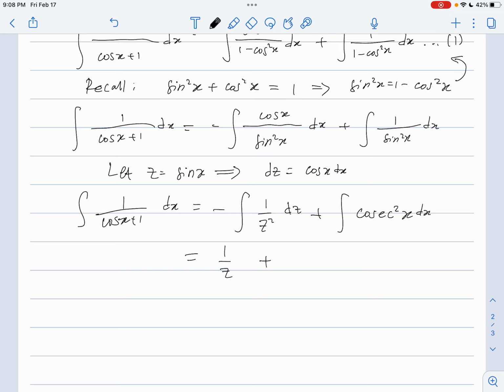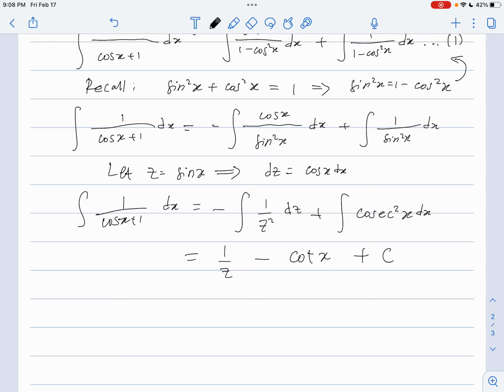So just write that down. Get rid of this negative sign, so we have negative cotangent x plus C.